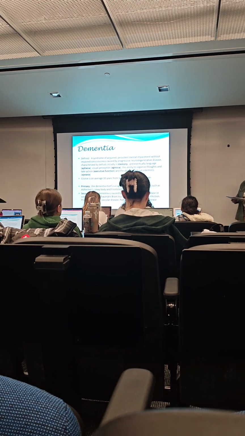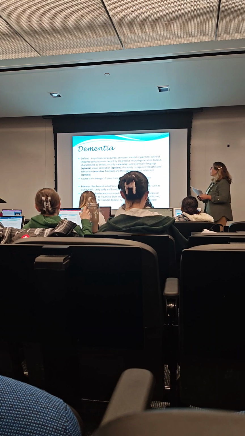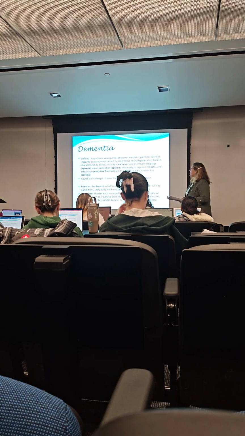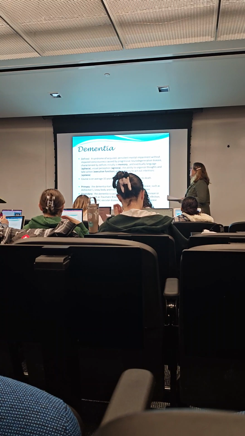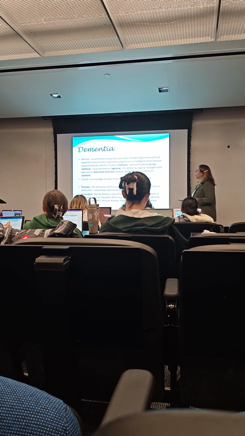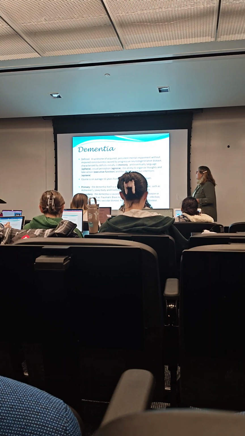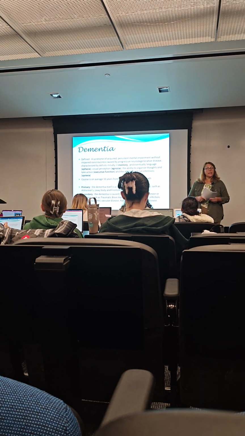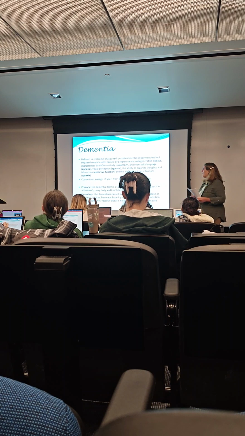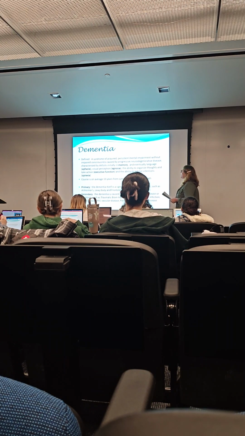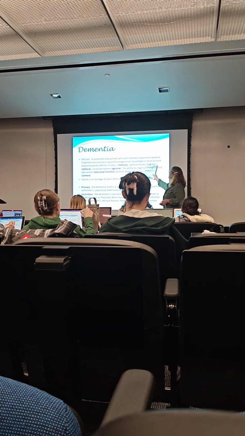All right, let's jump into dementia. Dementia, by definition in your text, is a syndrome of acquired, persistent mental impairment without impaired consciousness, so they are alert, caused by progressive neurodegenerative disease.